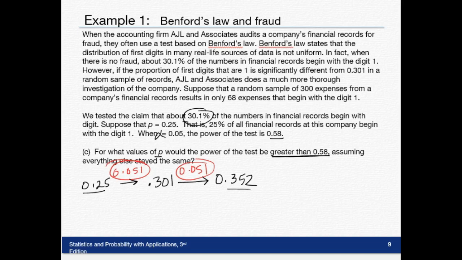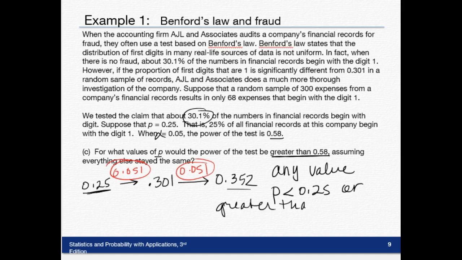So how would I describe that? Well, I would say that any value where p is less than 0.25 or p is greater than 0.352 would increase the power.